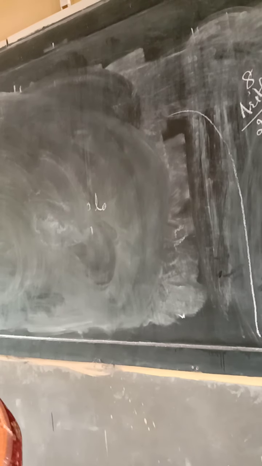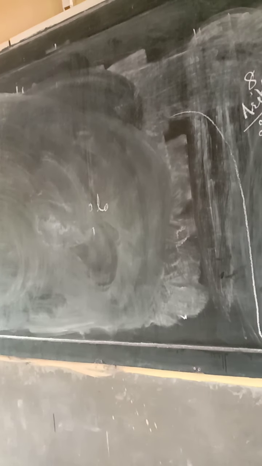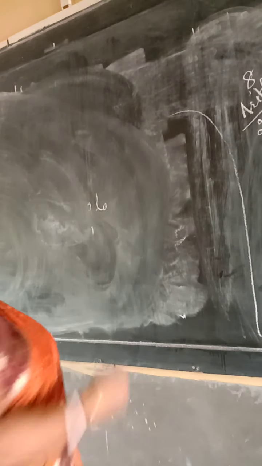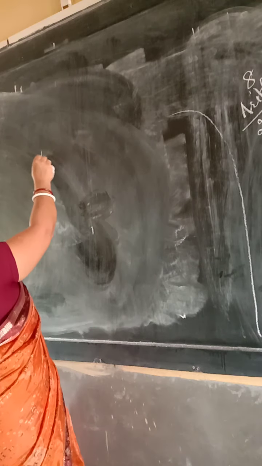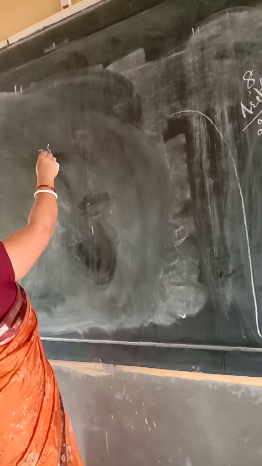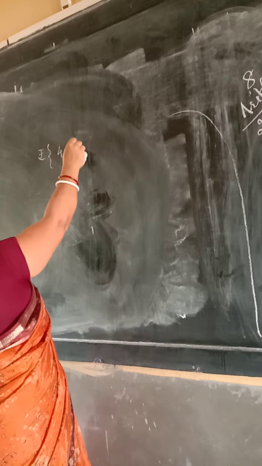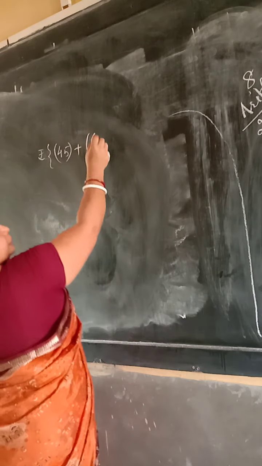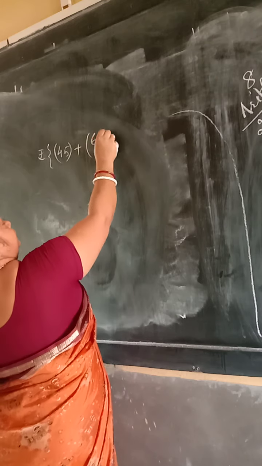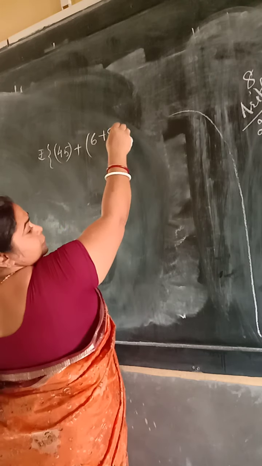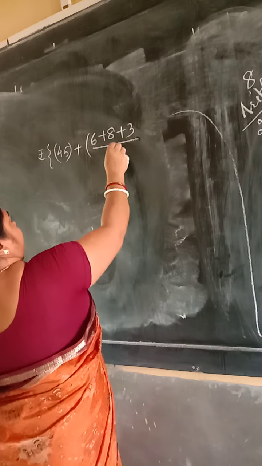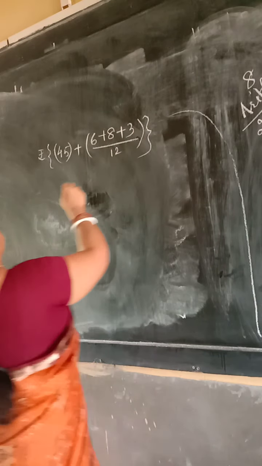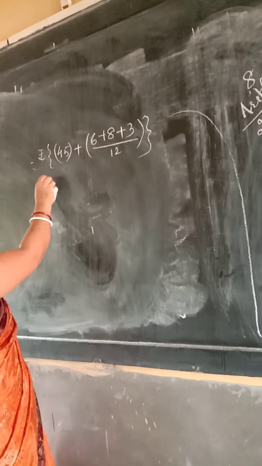So there will not be any confusion when you continue. It was the last line, once again I am repeating, rupees 45 plus 6, 8, 3 by 12, or it gives you rupees 45.